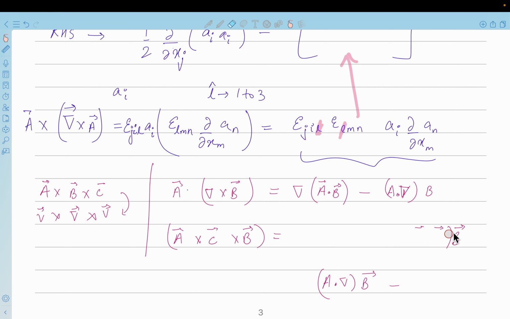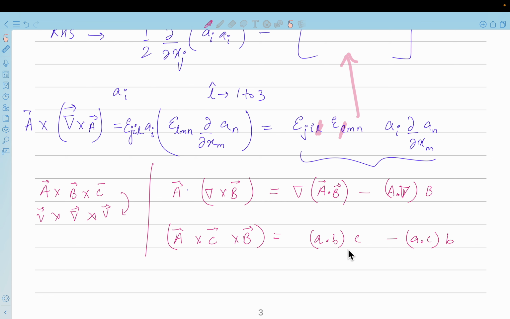No, the reason is I got confused because I've written C in between, so that is the problem. Let me try and write this again. So A cross C cross B, so that will be A dot B on C minus A dot C on B. Now it is correct.